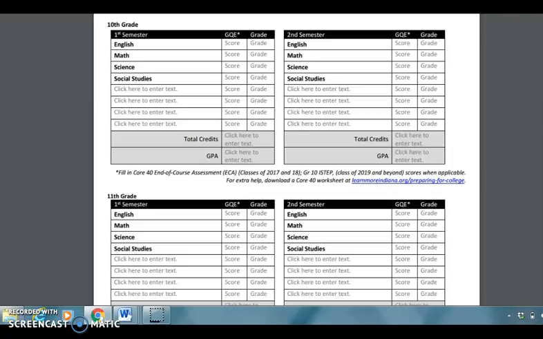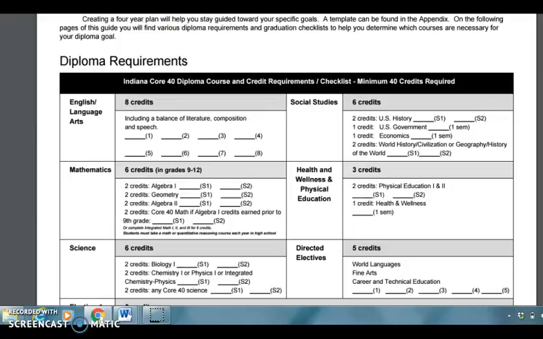Even though this is filled out in 9th grade, students don't have to follow it exactly. It's just so students have an idea of what all courses they want to take so that they can plan out their high school years accordingly. Specific graduation requirements can be found starting on page 7 in the course guide.